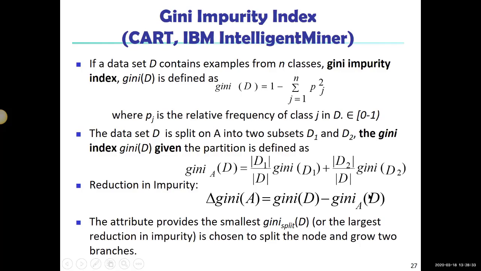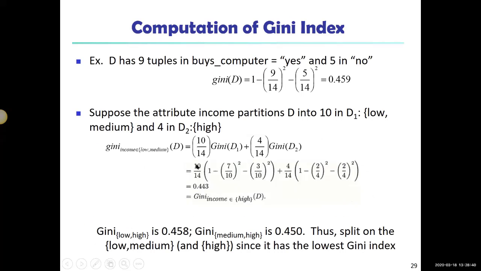Therefore, we want the smallest Gini index for a split. So when we look at all those Gini split indexes, we found the lowest value, which is this one. So the 2 branches will be income either low or medium, or income is high. That's how we are going to split a node into branches.